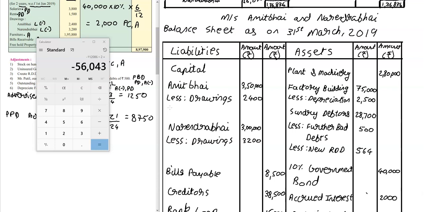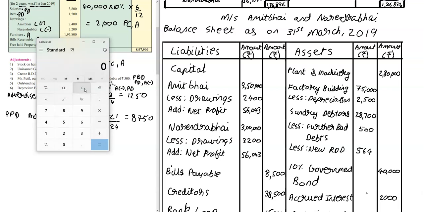Having done that, we are here. We can add the net profit 56,043, add net profit 56,043. 3,50,000 minus 2,400 plus 56,043 gives us 4,03,643.